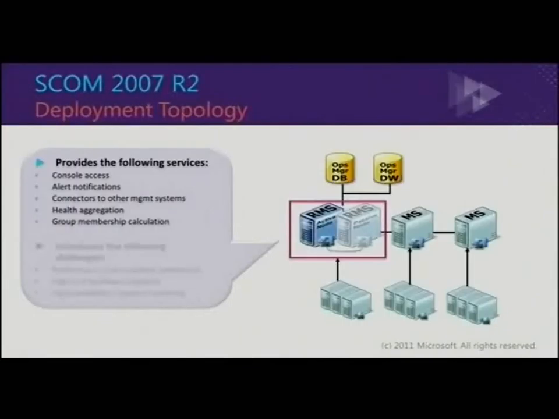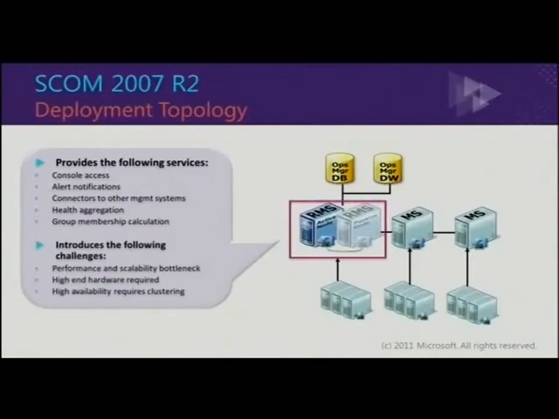It's a central concentration point for connectivity to other management systems through the Product Connector framework. It's responsible for all the health aggregation, particularly with your distributed application models. And it's responsible for group membership calculations. And in a large environment where you've got thousands of groups, every time we kick off a group membership calculation sync, that's going to add a significant amount of load.